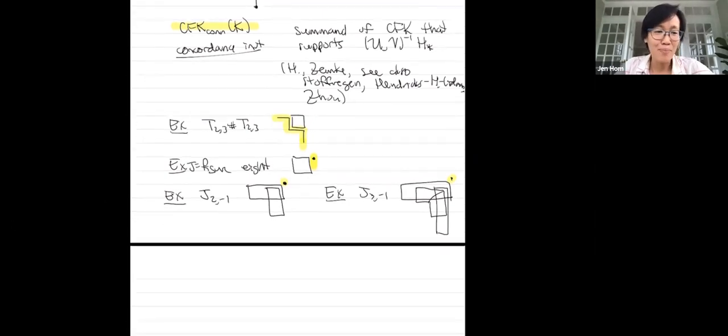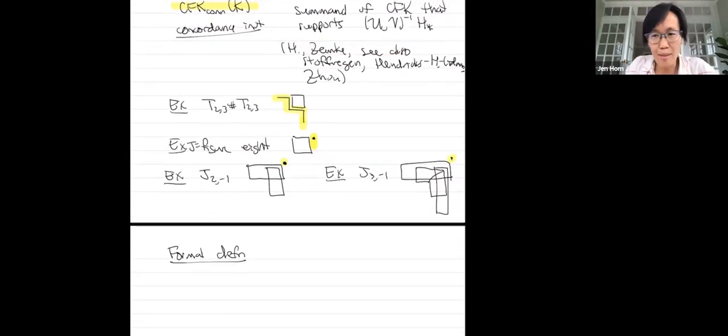Okay. So I gave you this hand wavy definition. Let me give you a more rigorous definition of what CFK connected is. So the formal definition. Knot Floer homology is a TQFT, so when you have a concordance between two knots, it induces a map on their knot Floer complexes.